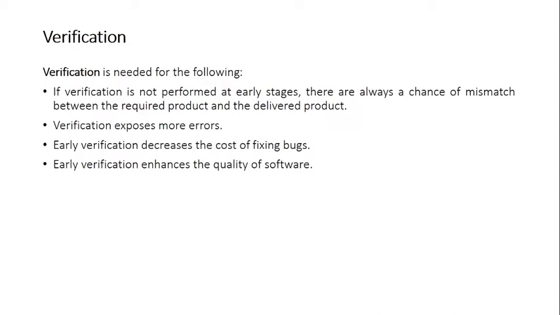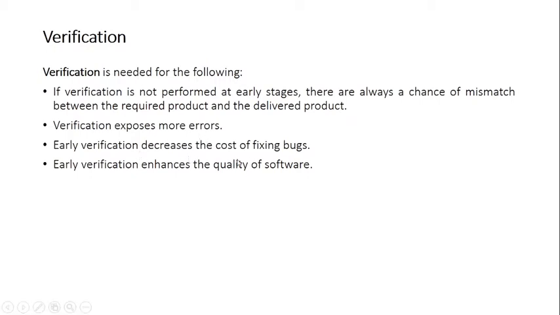So ultimately the same error will be propagated to all the phases, and finally it will be a failure because you haven't understood the problem properly and you have done development which is actually not required. So if you get it verified by the customer at an intermediate step, and there is any problem, that can be resolved there, and accordingly we can update and proceed with the further work. So verification exposes more errors at the early stages.